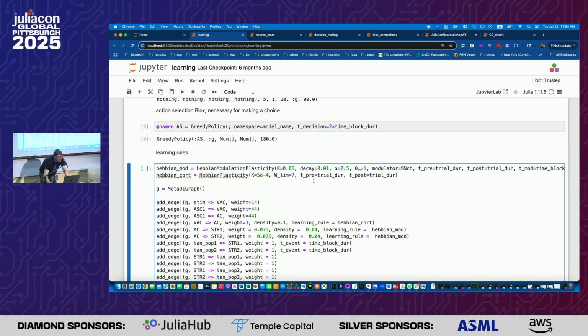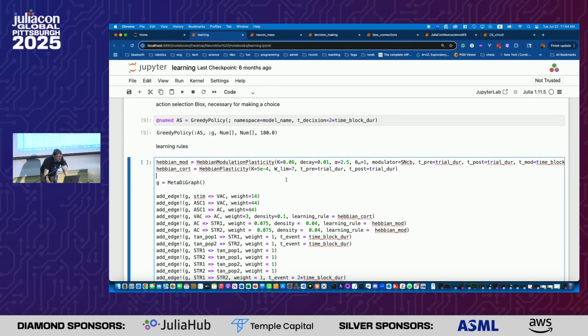Okay. And then what we essentially do is we're creating two learning rules, right? One is Hebbian plasticity, which is just updating weights according to how often things fire together, right? That's a simple rule that is always applied. But here we create a Hebbian rule that depends on a modulator, on a brain region that tells you, should I learn or should I not learn, right?